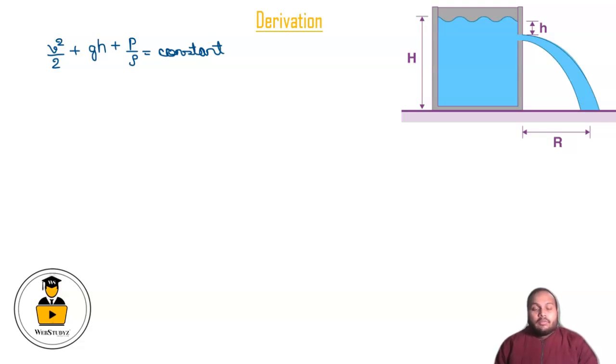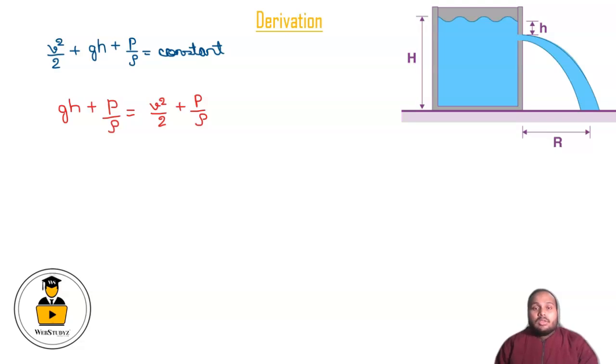Fine. So by Bernoulli's principle, we can write g into small h plus P, that is atmospheric pressure, by rho, equal to V square by 2 plus P by rho.